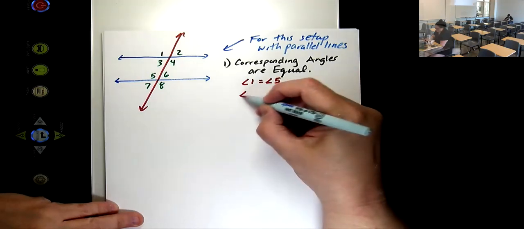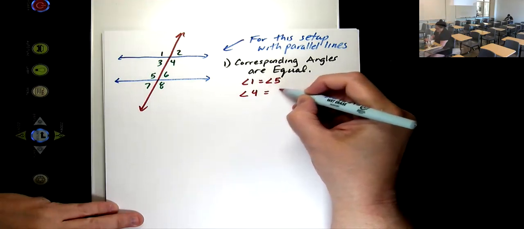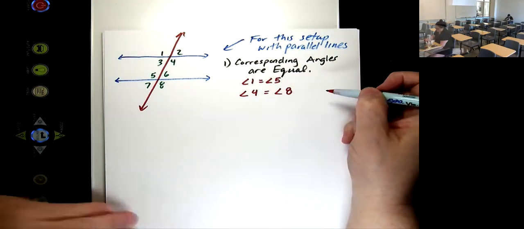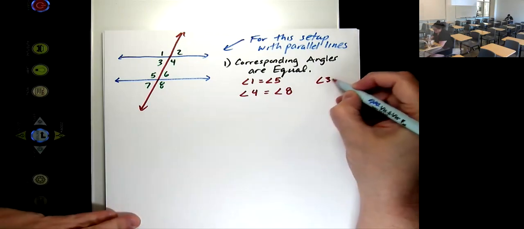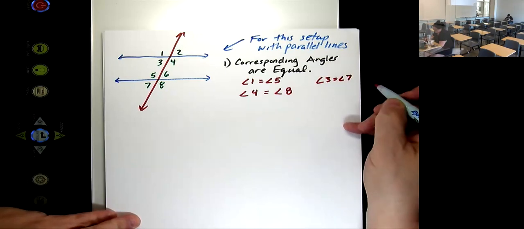Angle 4 has the same value as angle 8. So then 3 and 7 are the same. 3 equals 7. And 2 equals 6.